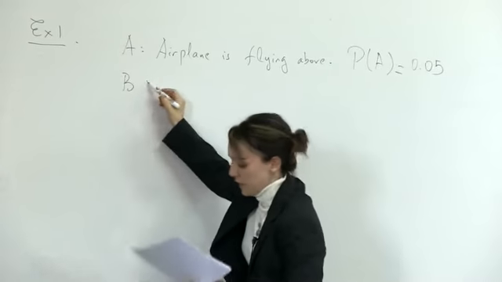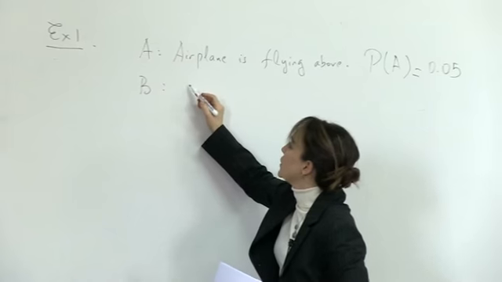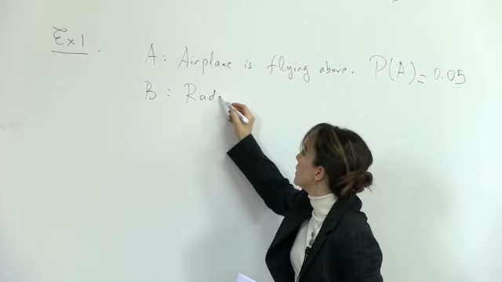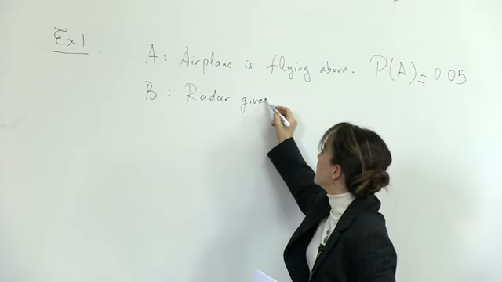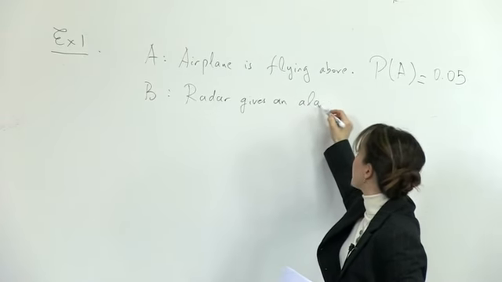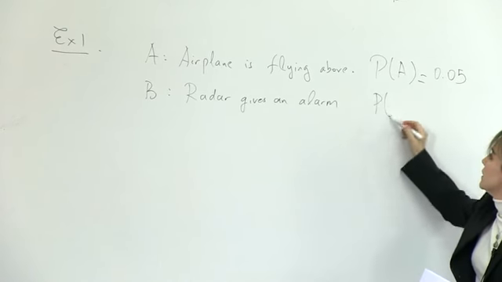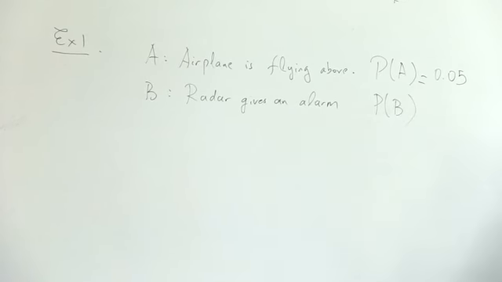Event B is defined as something registers on the radar screen, so the radar gives an alarm. The probability of this, is it given in the problem? No. We're supposed to compute it. Let's see if we know enough to compute this probability.